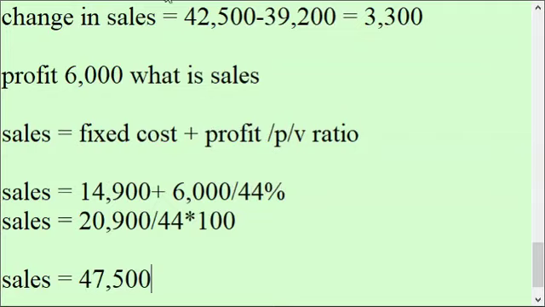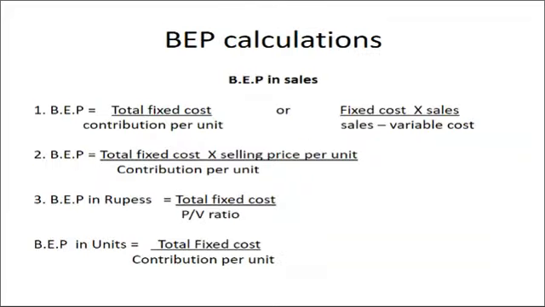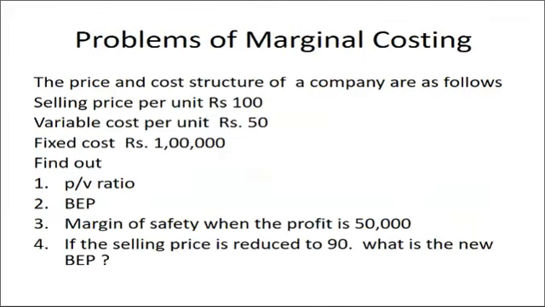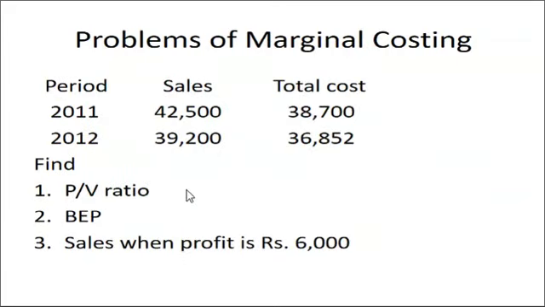PV ratio we have calculated as 44%. BEP we have calculated as 33,864, and sales when profit is 6,000 is 47,500. So the 2013 question paper problem has been solved.